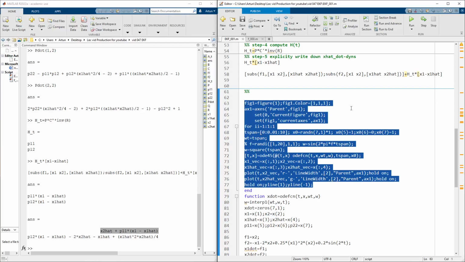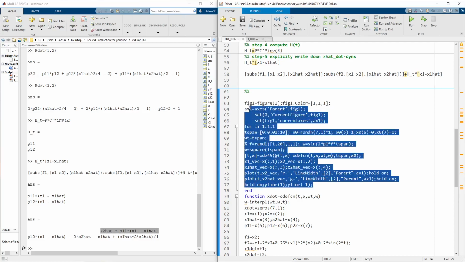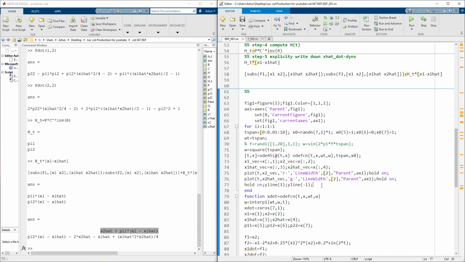I've been using this whenever I need to use ODE45 for my videos. So if you're a subscriber and you're watching a couple of my videos, it is something that you should be familiar with right now.